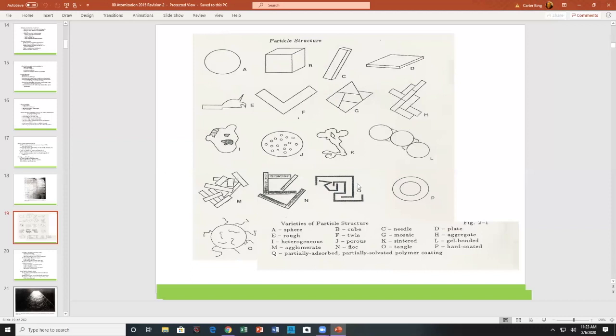Now, the difference between those 3 is interesting, to say the least. You also have a heterogeneous one up here. The point of the matter is what's on the surface may not be what you think is on the surface. There are supposedly 7 different surface chemistries that may not be inside.